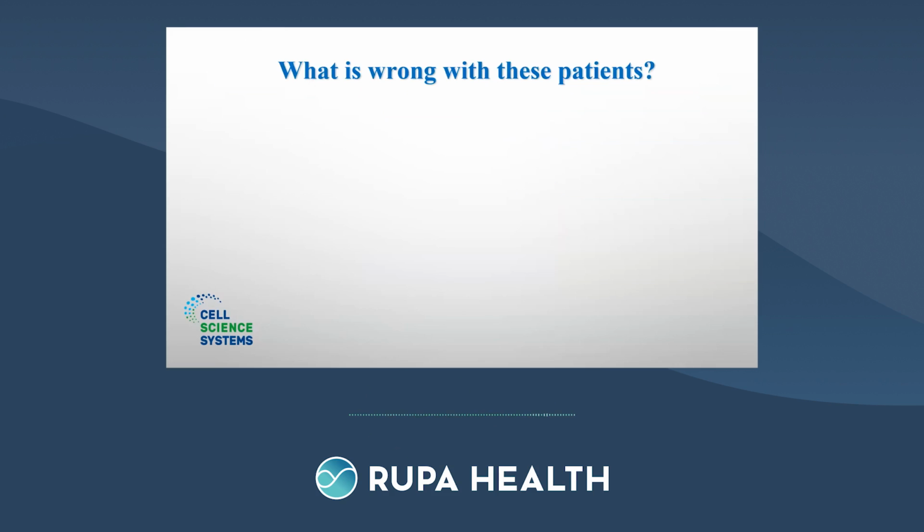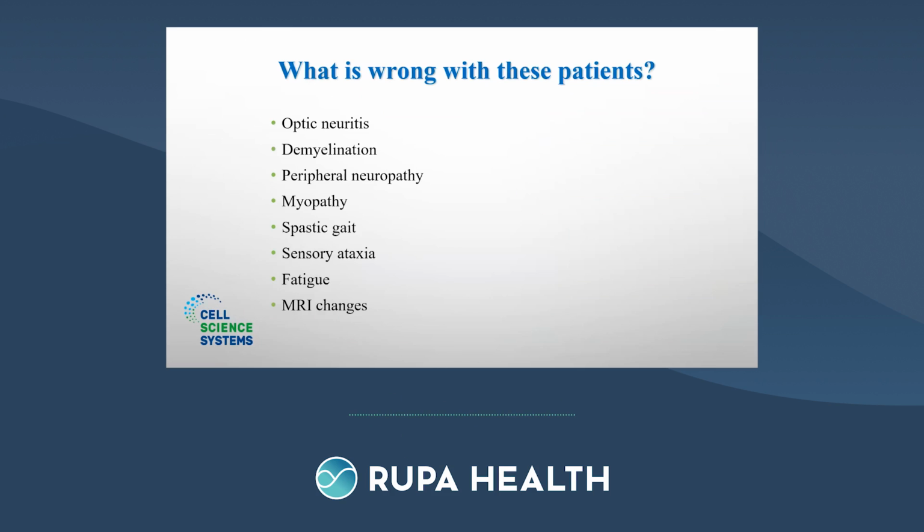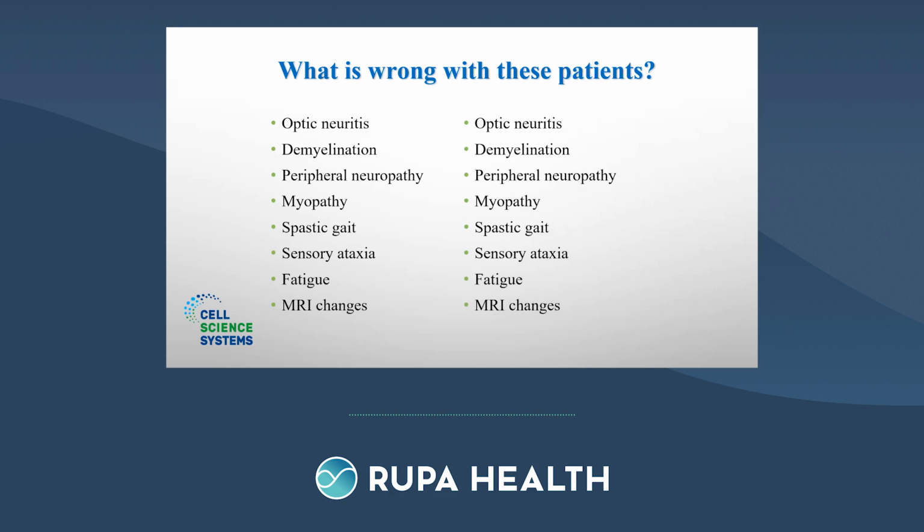So here's an example, and this is actually cases out of a journal that I'm going to show you here in a second, the citation, that this individual, or these individuals, 25 individuals actually, and they had this, of course, presentation. And if you look to the right, I'm showing you the exact same signs and symptoms.